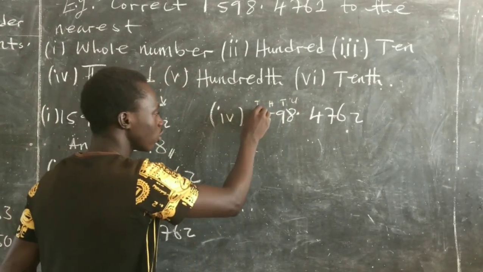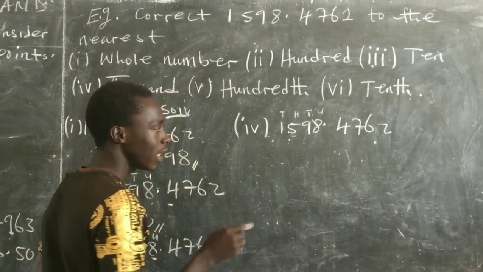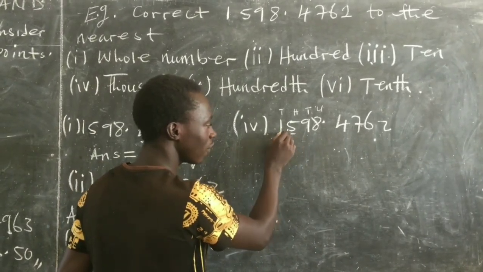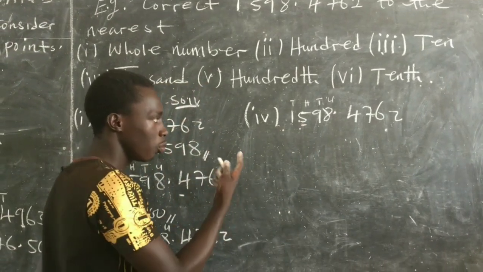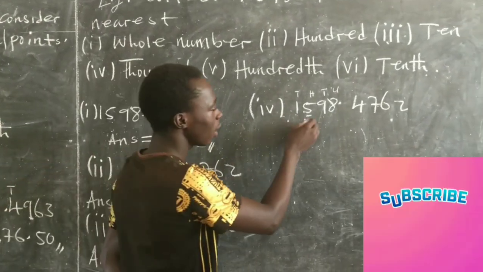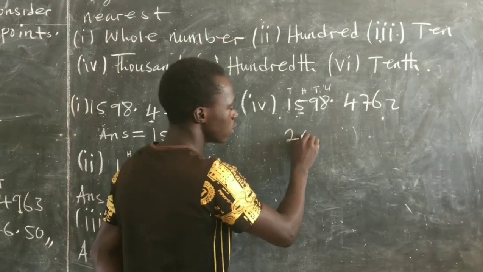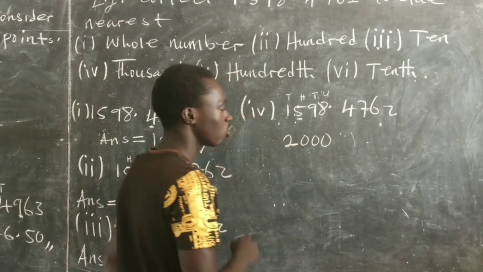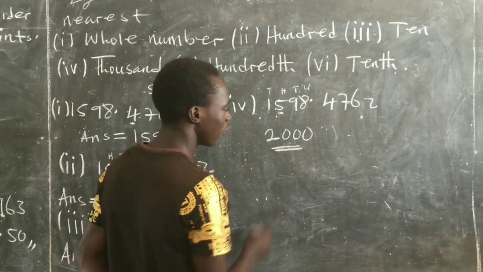Then after this 1000 digit, we have the number 5. And we said if it is exactly 5 or greater than 5, we round up. But when it is less than 5, we round down. So the number here is 5. We have to take 1, add it to this one. So this will be 2000. This is the 1000 digit. This is the final answer for this.